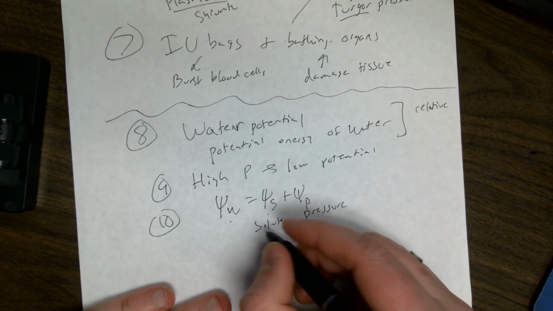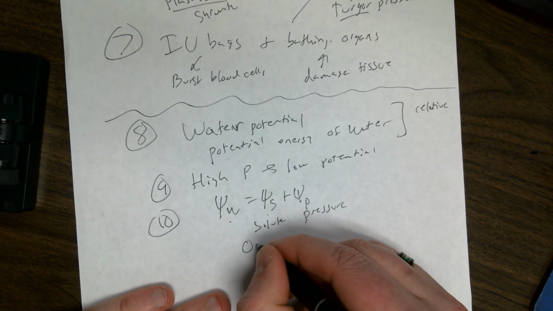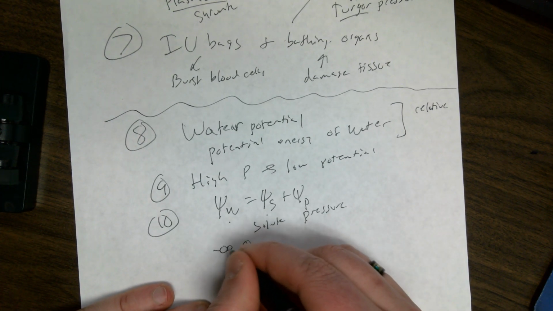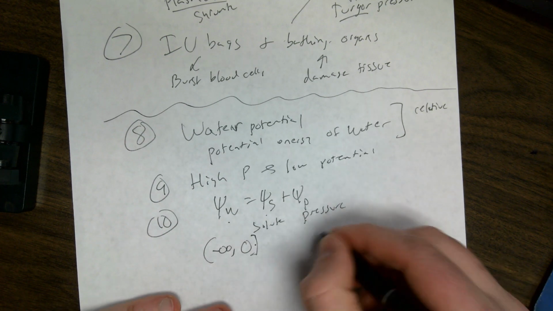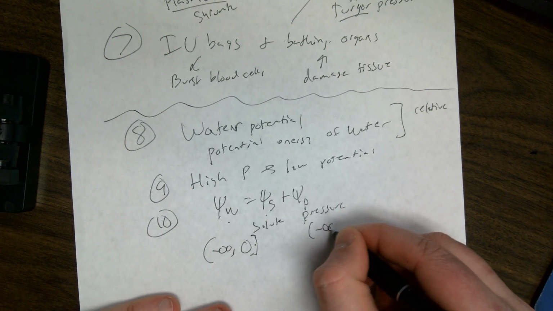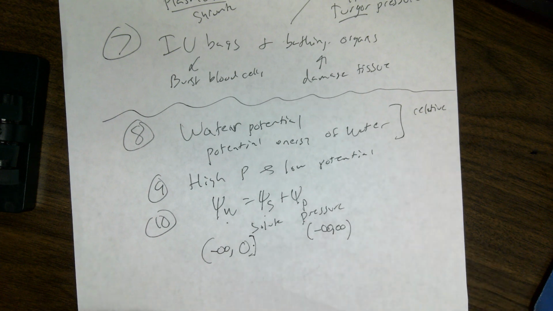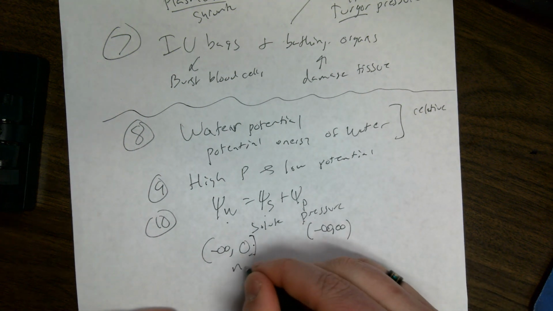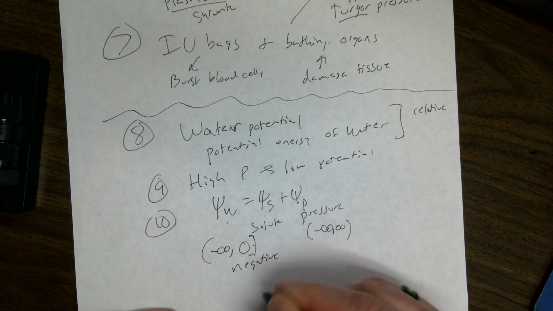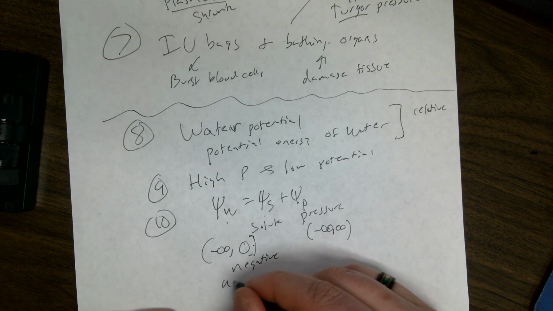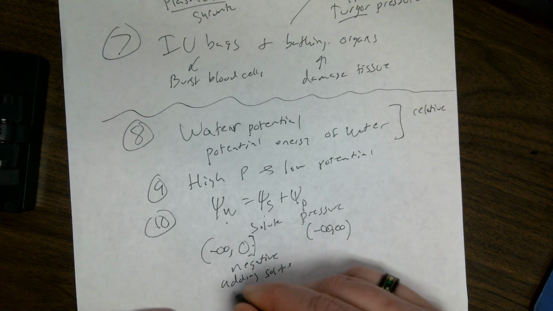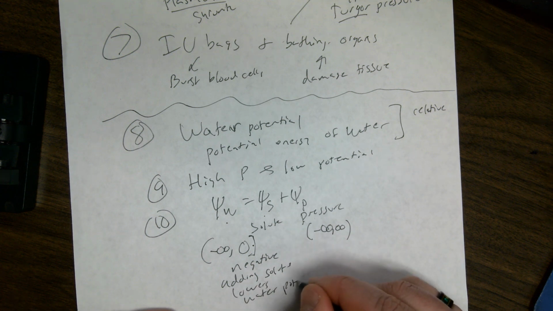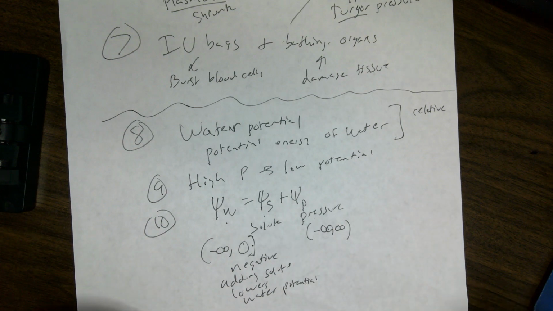Remember that solute potential can only range from zero to negative, right? But pressure potential can be anything. So solute potential can be negative only because adding solutes lowers the water potential, because it's bonding to some of the water and removing its potential to push.